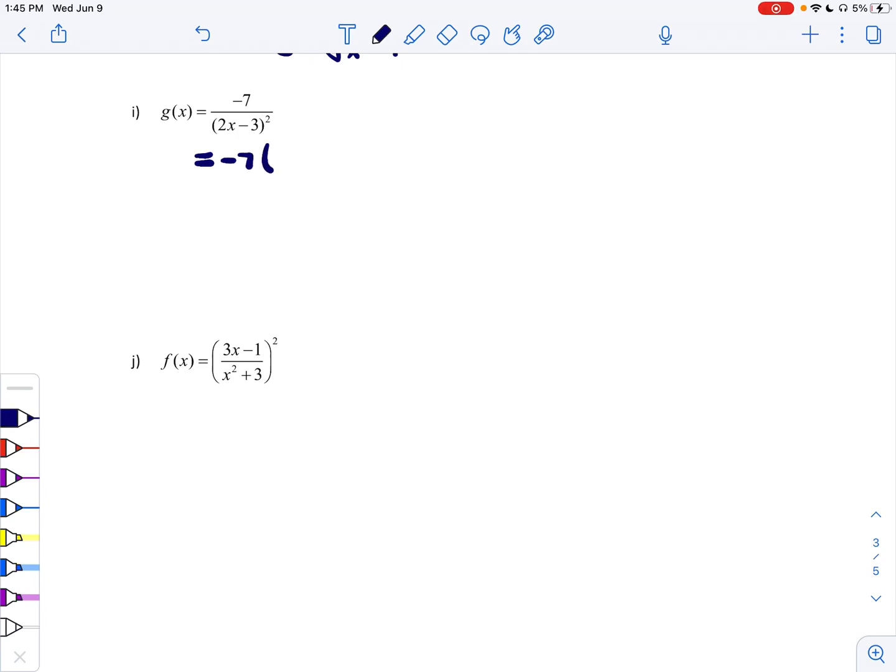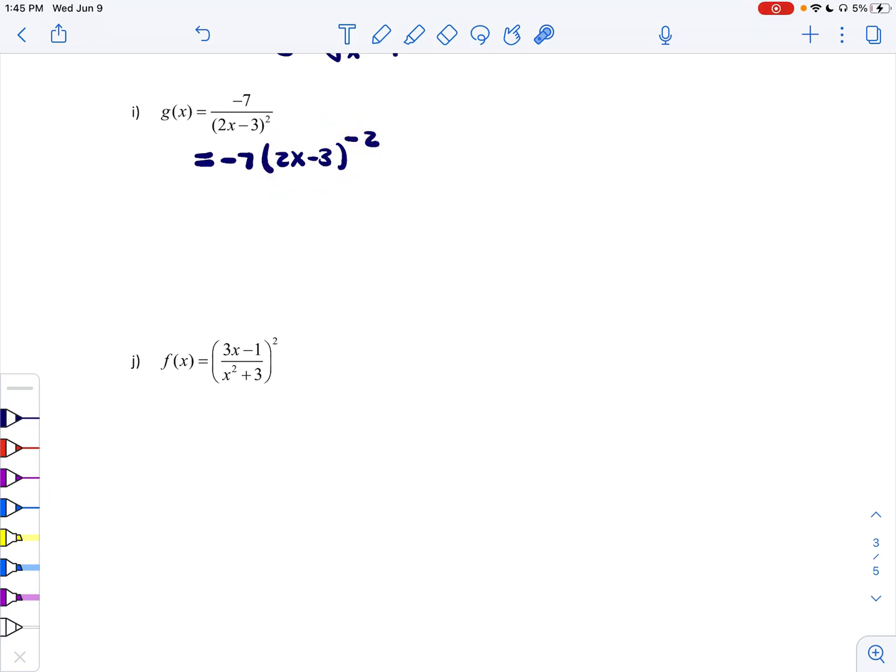So I would change this to a negative 7 times 2x minus 3 all to the power of negative 2, okay? So the reason why I would recommend that in this case is because originally with the fraction, we would have to use our quotient rule plus a chain rule when we differentiated the denominator. But now, if you bring that denominator up and just change it to a negative exponent, there's no quotient rule anymore, but we just have the chain rule.